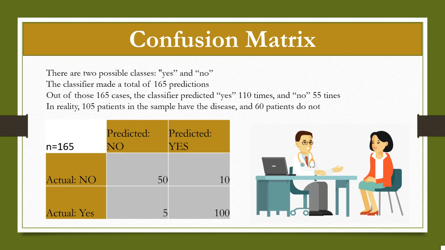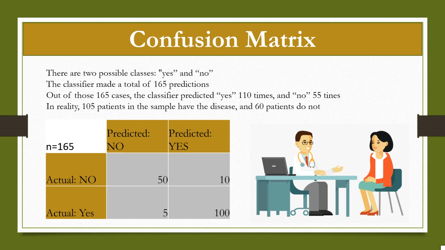So your classifier was correctly able to classify 50 cases as no, since both of these are no. So 50 it was correctly able to classify, but 10 of these cases are incorrectly classified, meaning that your actual value here is no, but your classifier predicted it as yes. That's why this 10 over here.